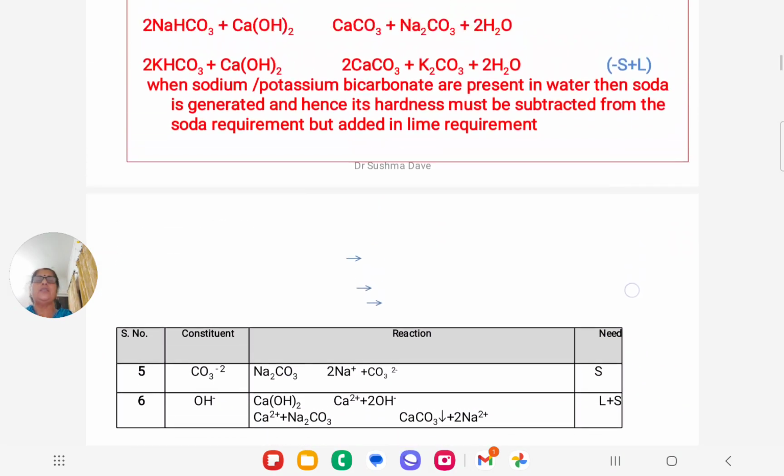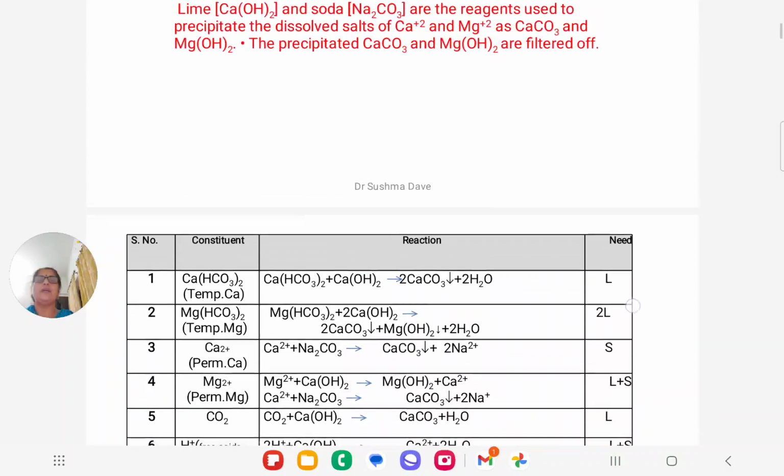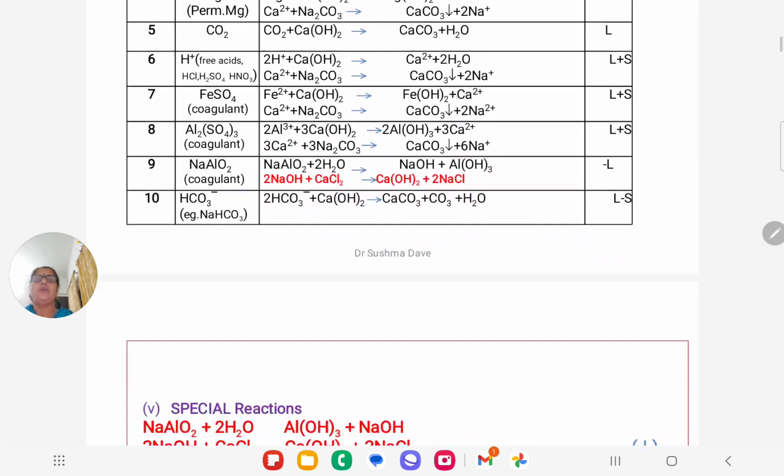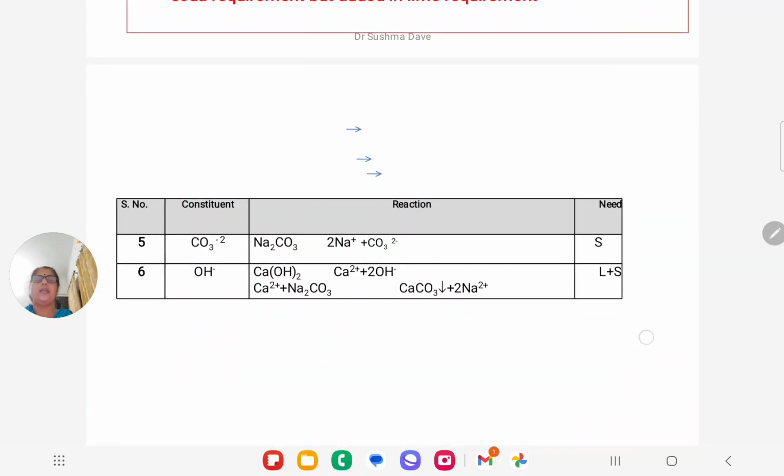All these constituents, whatever we have learned, are present in raw water. But if the water is treated and some constituents are found, then there is a probability of carbonate ions and hydroxyl ions if both are used in excess.